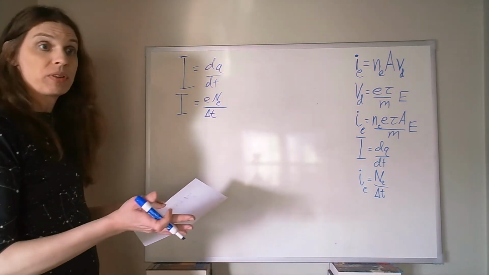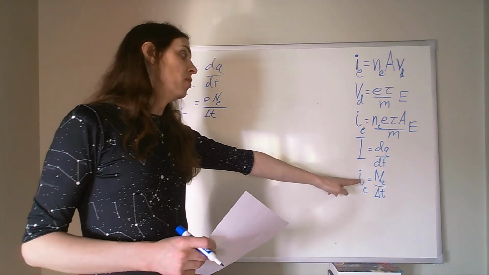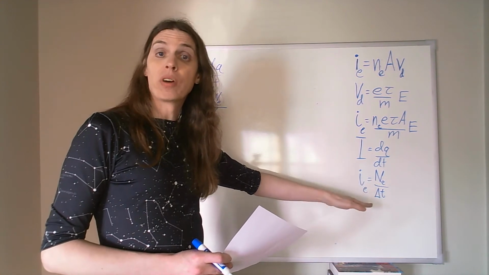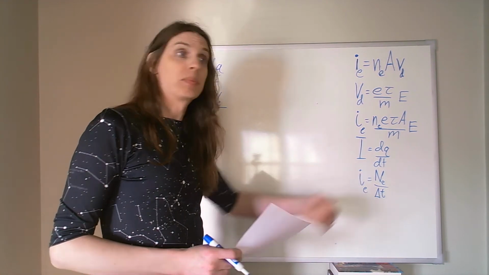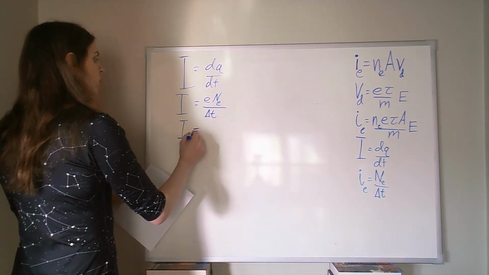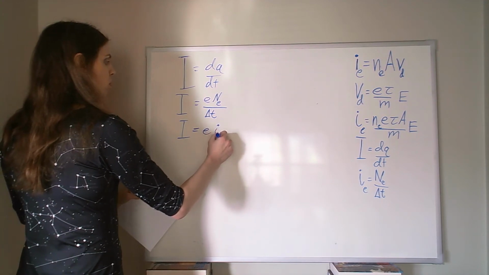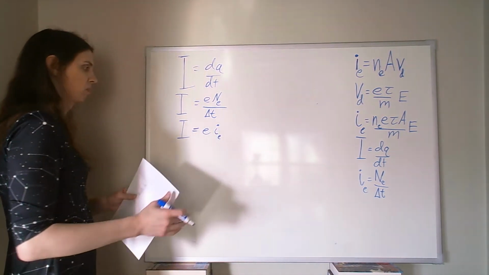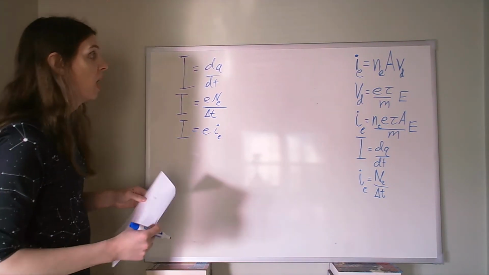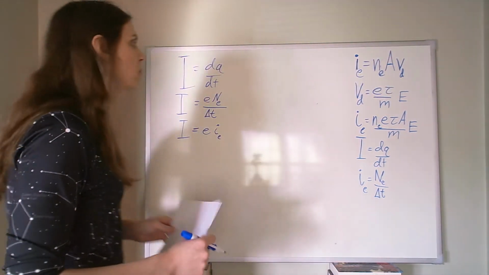So we've got that. And then we saw here our definition of electron current was the number of electrons divided by the time it takes to move through that place. So we can put that in terms of electron current. Electrical current is fundamental charge times electron current. And then we have a relationship between that and our drift speed.